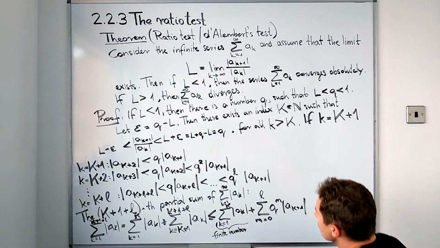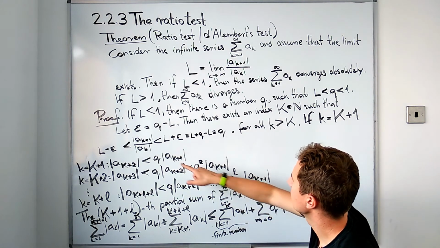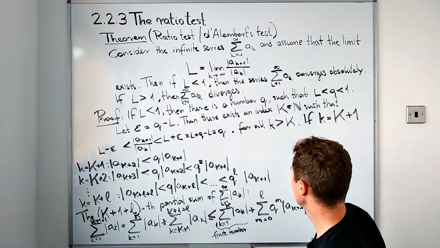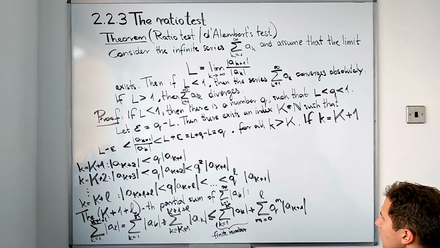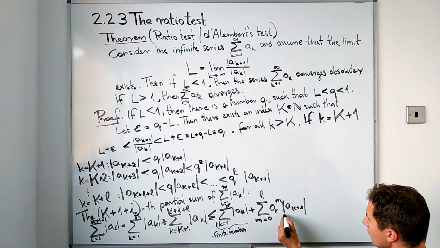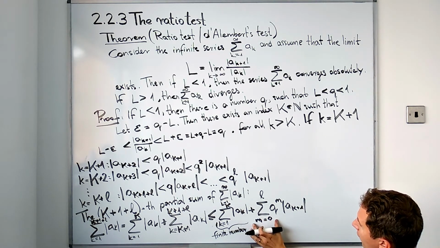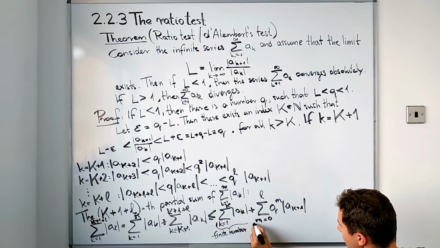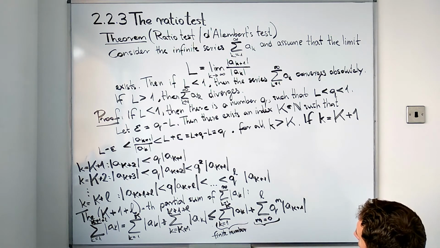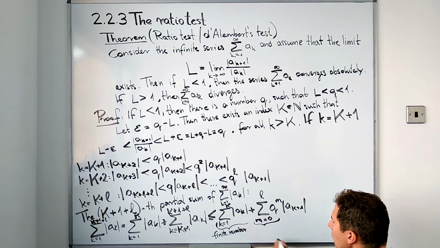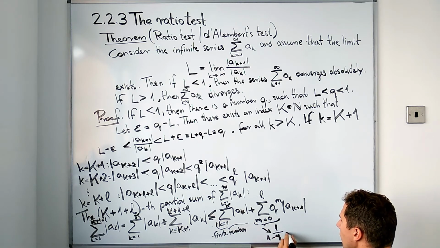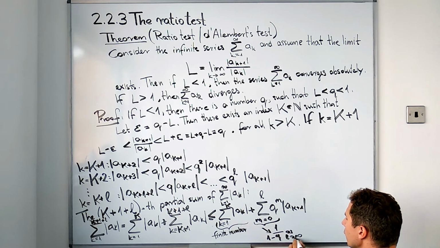Okay, so each term has this upper bound of some power of q multiplied by the absolute value of a_{K+1}. But then this, of course, is just a constant multiple of this expression, which is just the sum of powers of q. But of course, this will tend to 1 divided by 1 minus q, as L is taken to infinity.